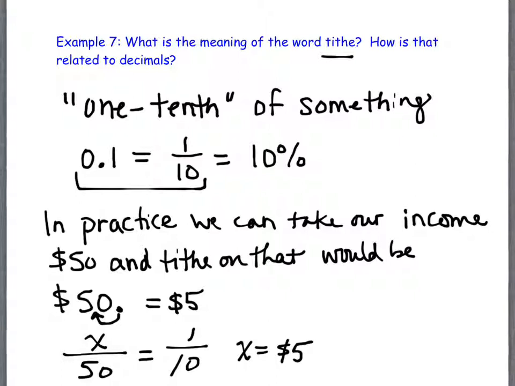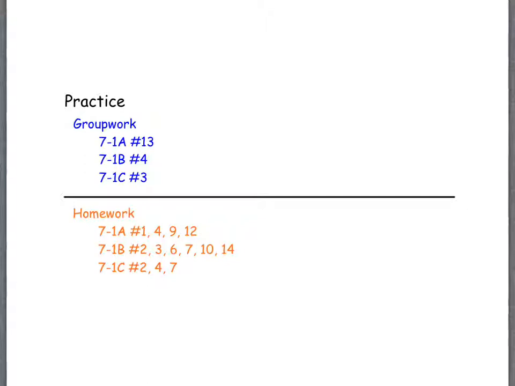In essence, it moves the decimal 1 to the left when we do, in fact, find a tenth of something. So we use decimals a lot when we are doing conversions of things. They're very nice to convert between when you're talking about something like a tenth or 100th. Any questions? All right, that's it for this section.